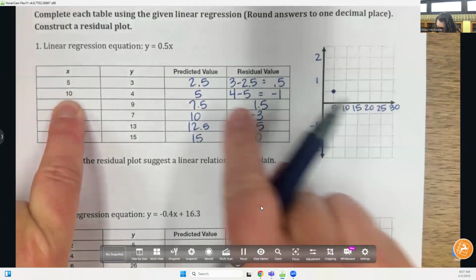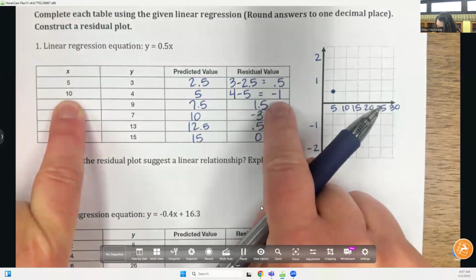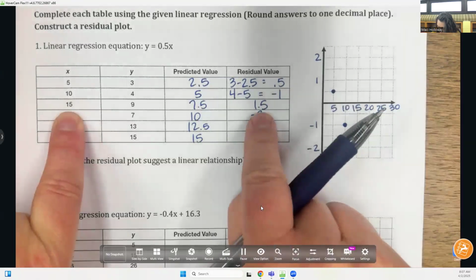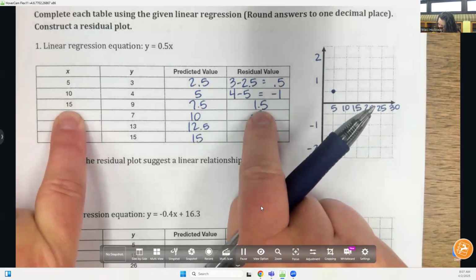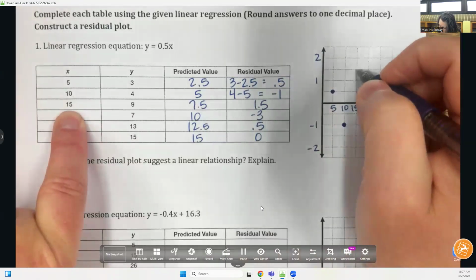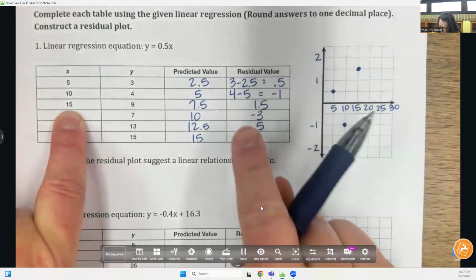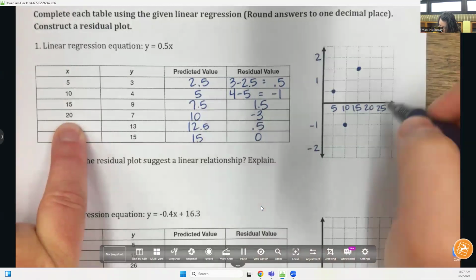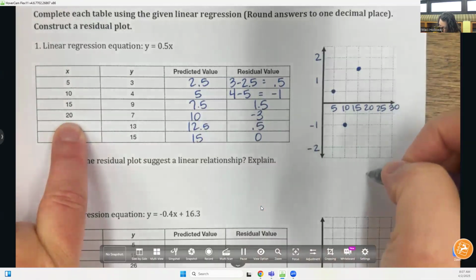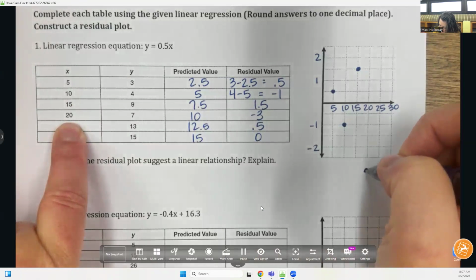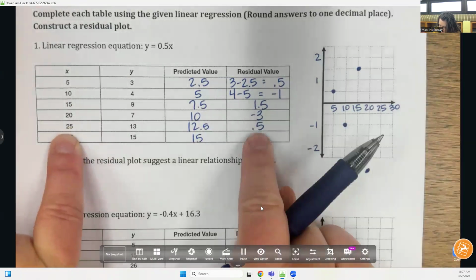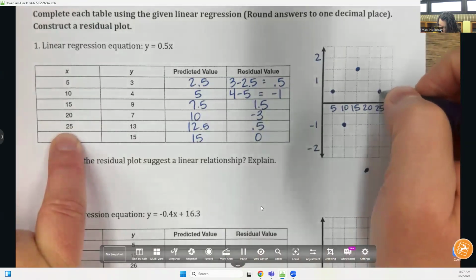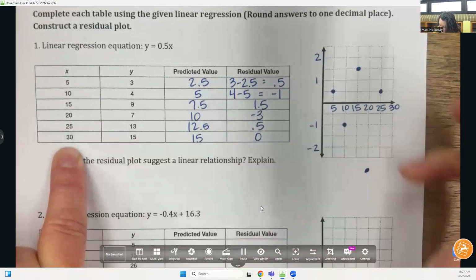When our X value is 10, our residual value is -1, so down here. X value is 15, residual value is 1.5. And then X value is 20, residual value is -3, so it's way down here. And then X value is 25, residual value is 0.5. And then 30 and 0.